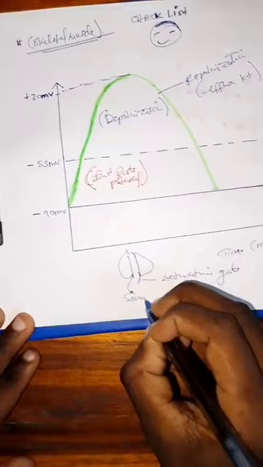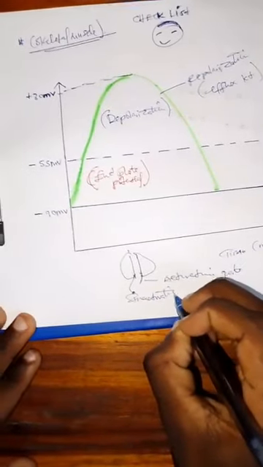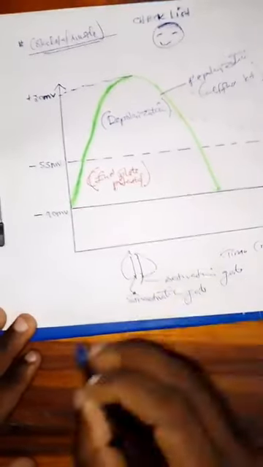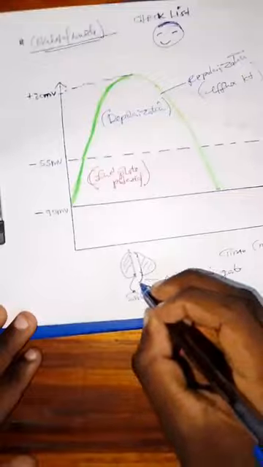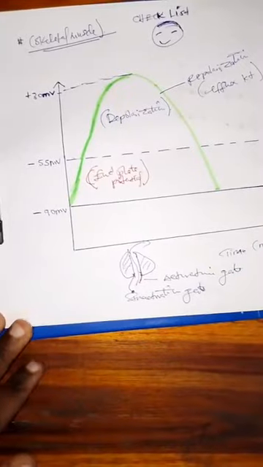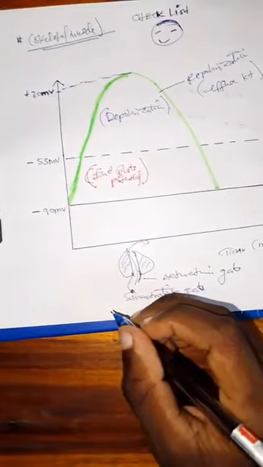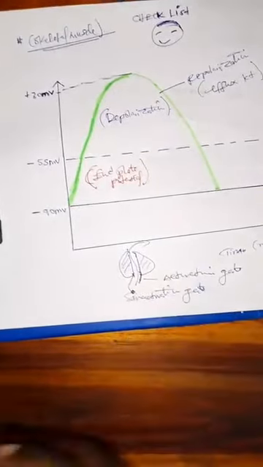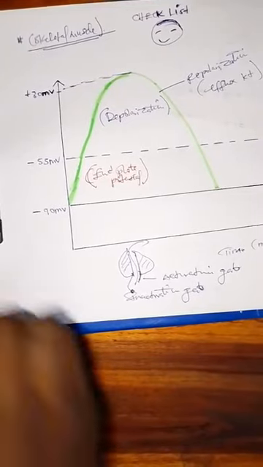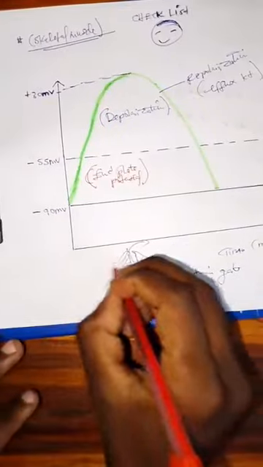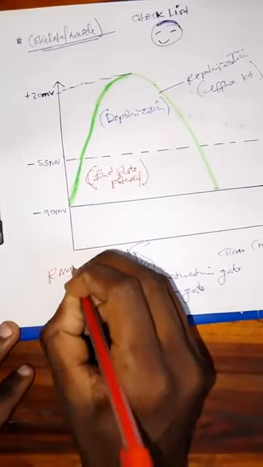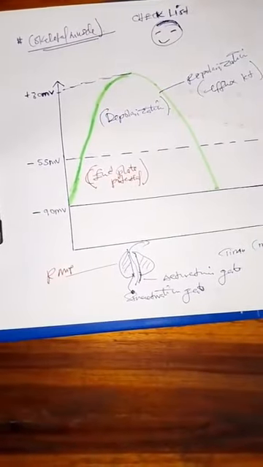Now potassium is leaving. What happens when we reach positive 30 millivolts? This gate will close. When we reach the resting membrane potential, the cell is back to resting membrane potential.